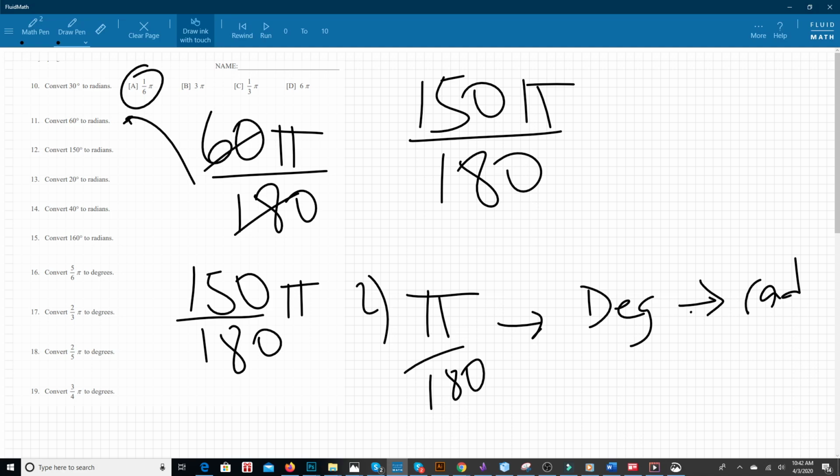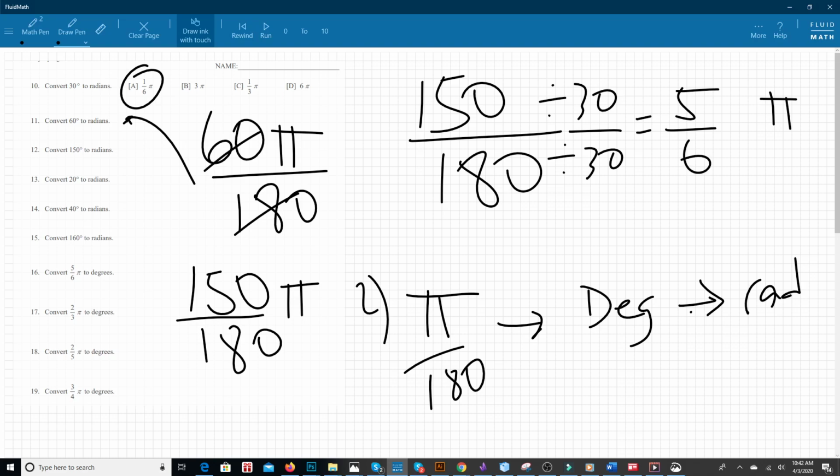I would have to say 30 can go into both, right? So if I divide the top by 30, let me just move the pi over to the end like I did before. Divide both sides by 30. I'm left with 5 over 6. 5 over 6 pi.